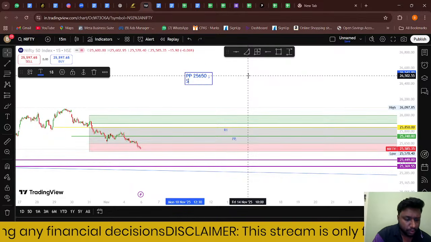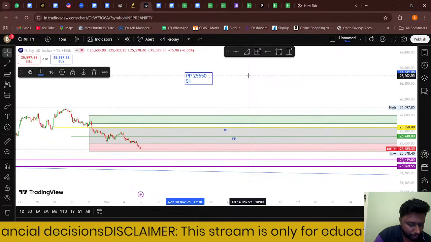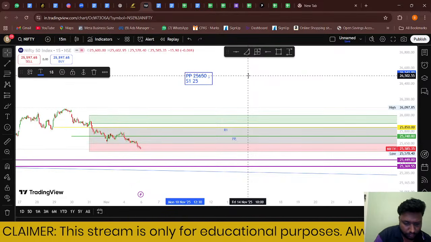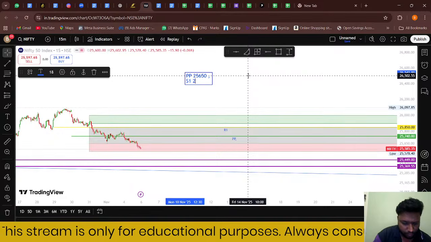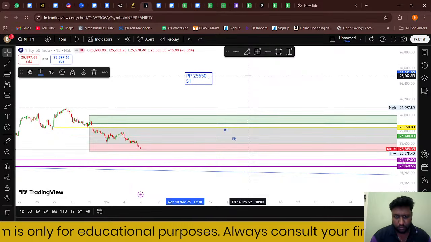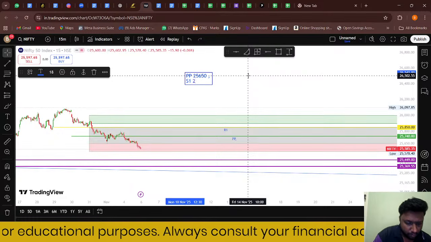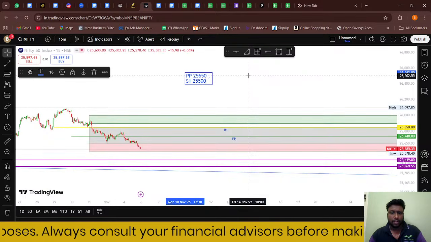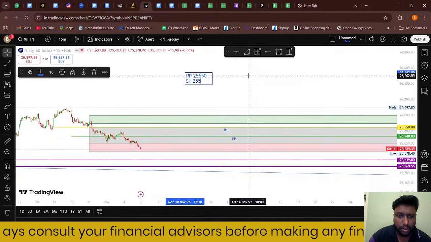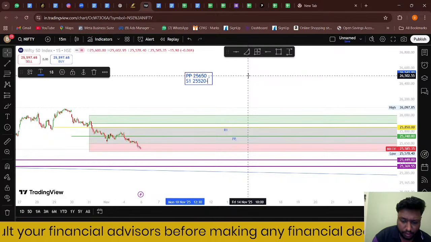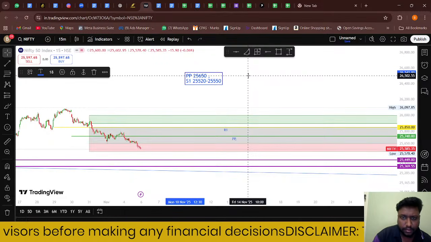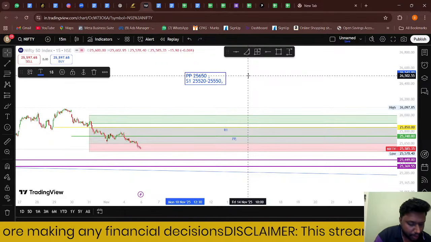Support 1 will be at 25,520, so we can consider this as the 25,550 range.